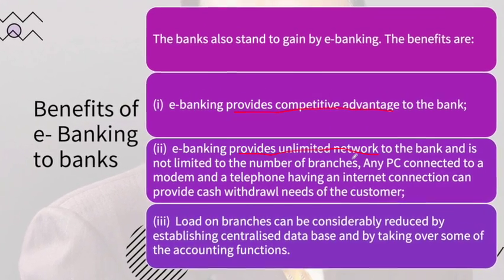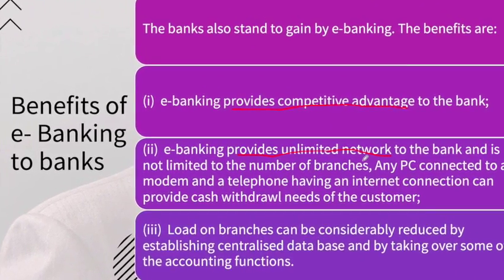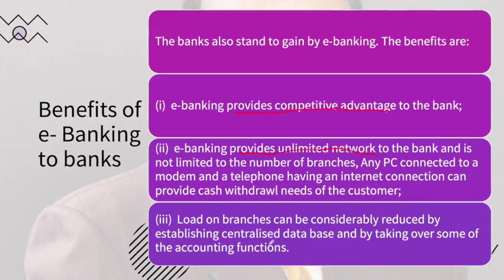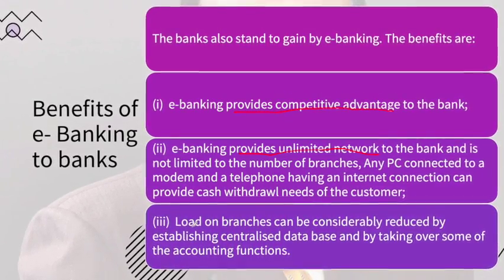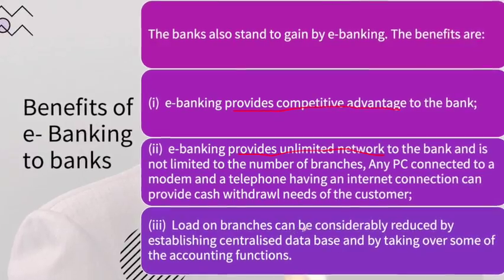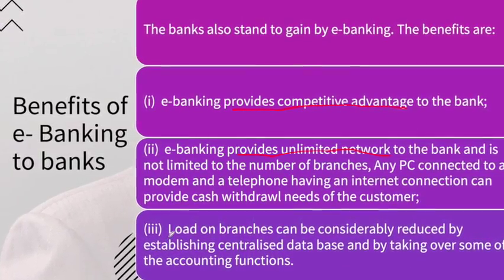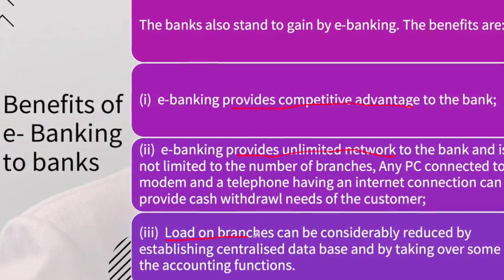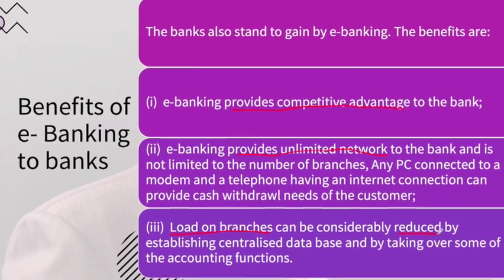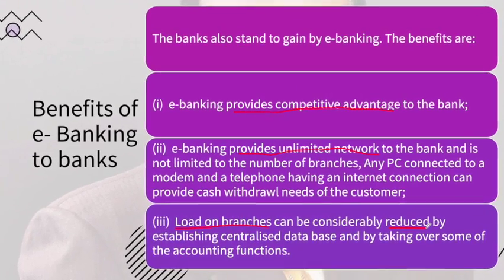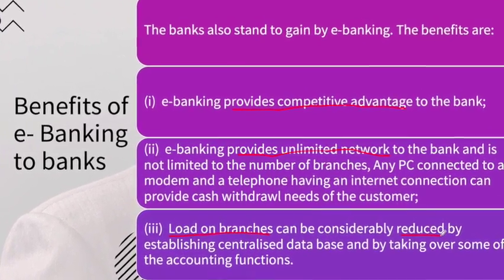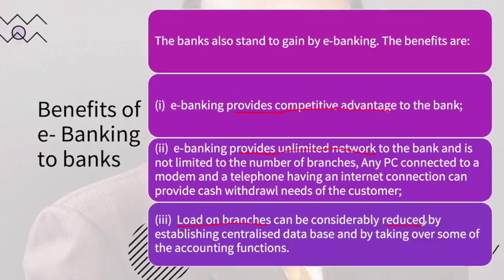So all the shops have also been converted into branches of the bank. And then this is the most important benefit to a bank, that their load has been reduced. Load on branches is reduced. So these are the three headings which you can write for benefits of e-banking for a bank.